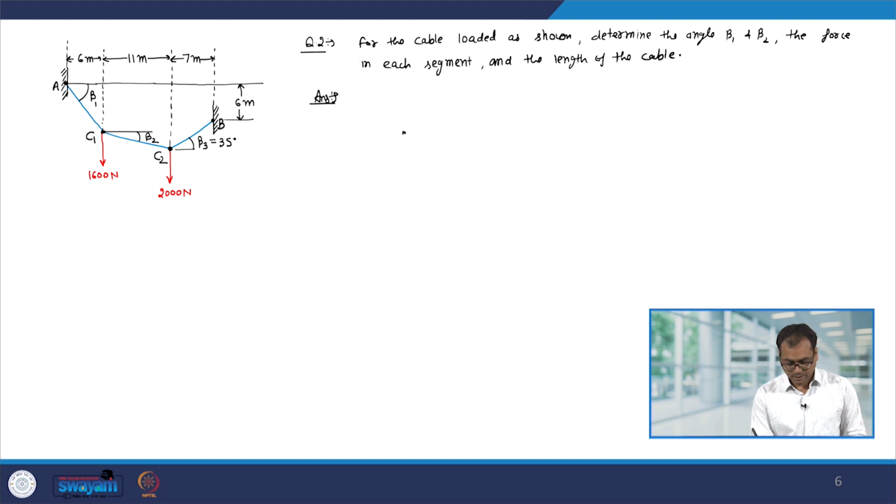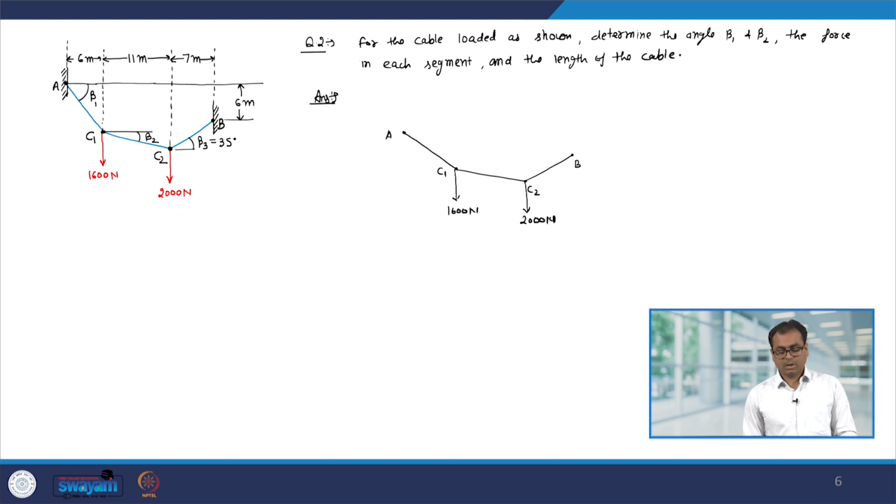So, we have point A here, point C1, C2 and point B. At point C1 you have external loading of 1600 Newton, at C2 we have 2000 Newton force.